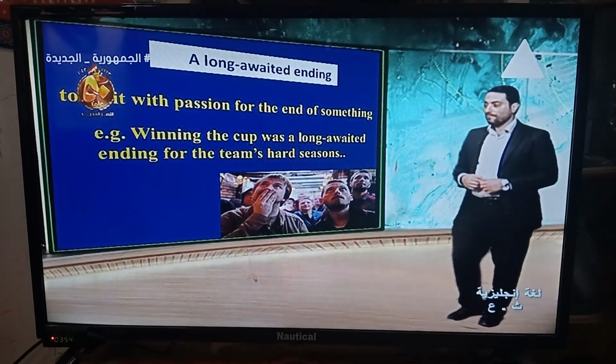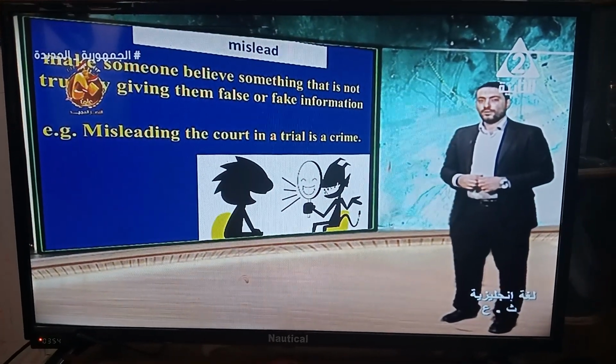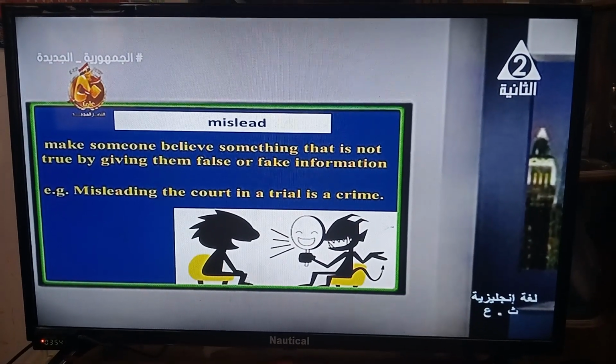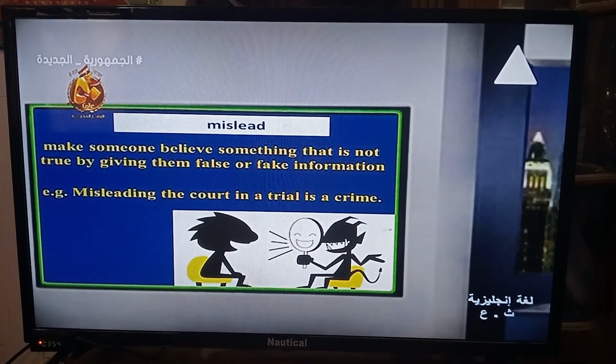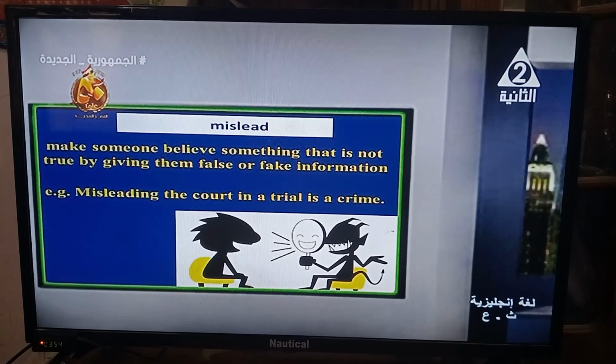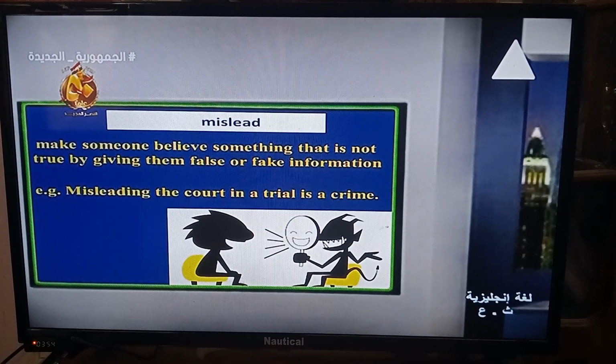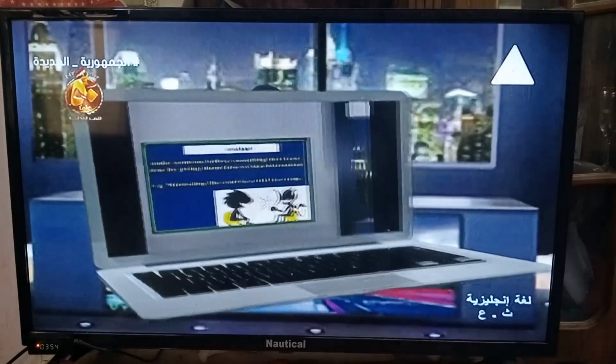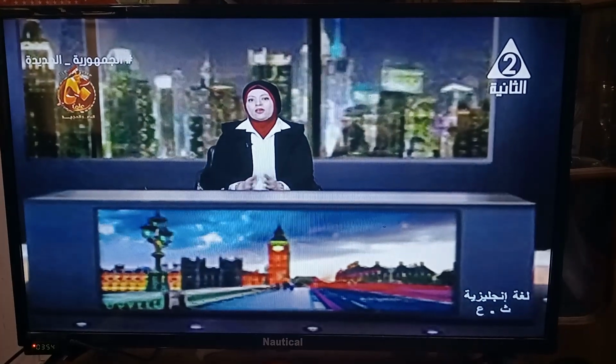Okay, Ms. Morowa? Okay, we have the verb mislead. Of course, when you lead somebody, you guide him or her correctly or properly. But when you mislead him or her, you just give him the false direction. So you don't help him. Of course, you do the opposite.